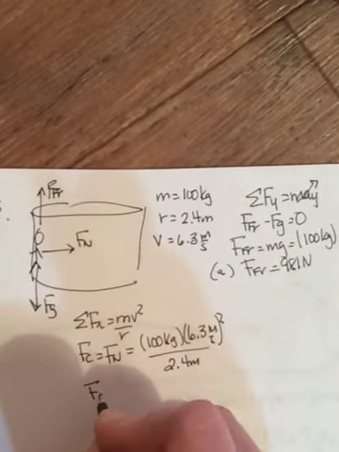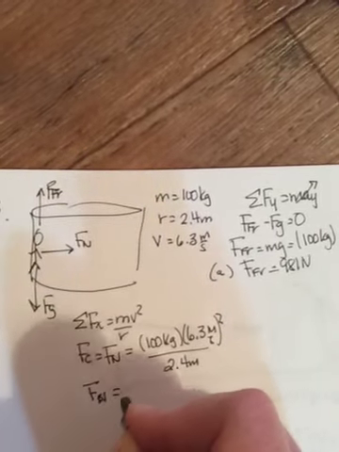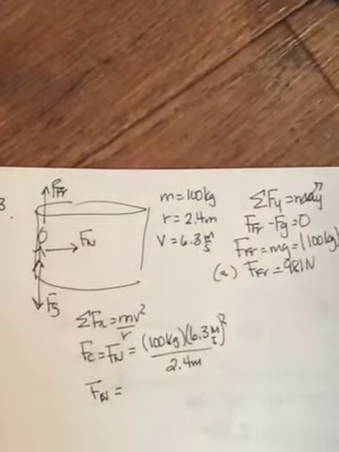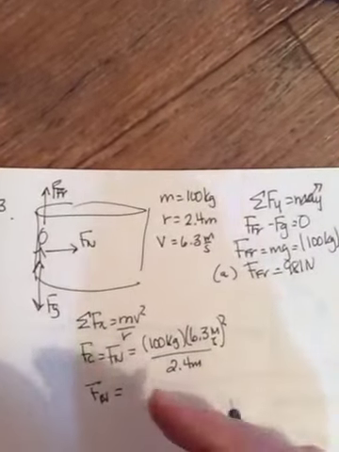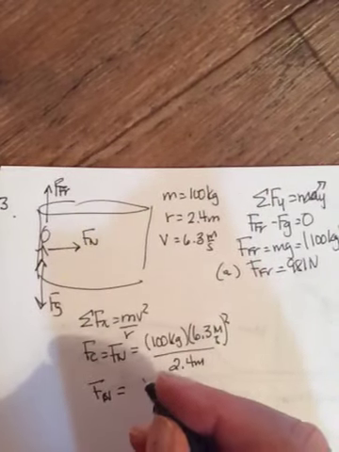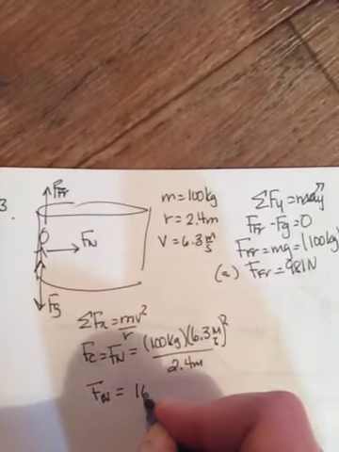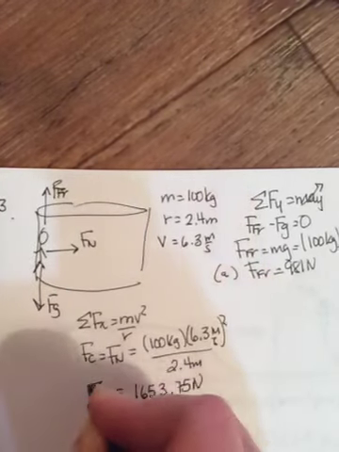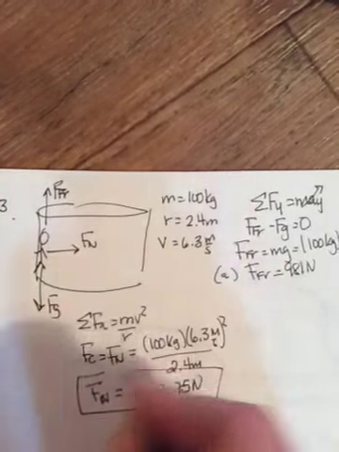And when you do this, you should get a centripetal force, or an Fn, of 1,653.75 newtons. That's my Fn.